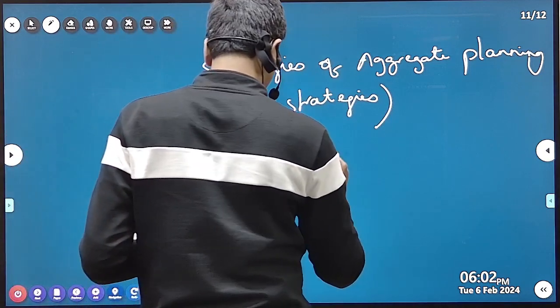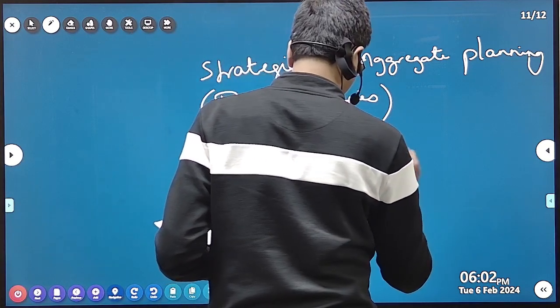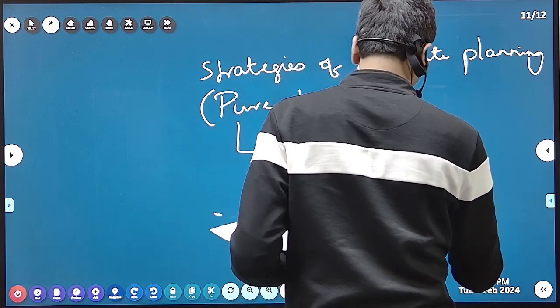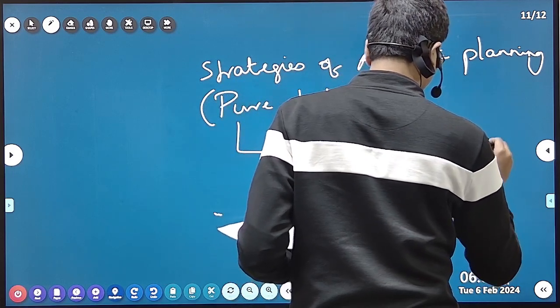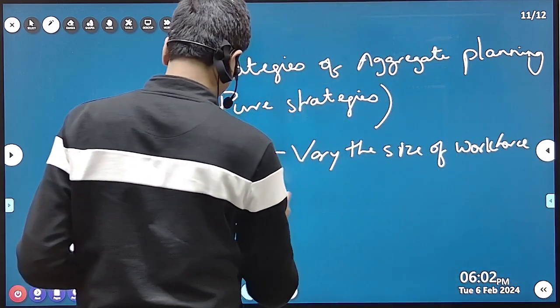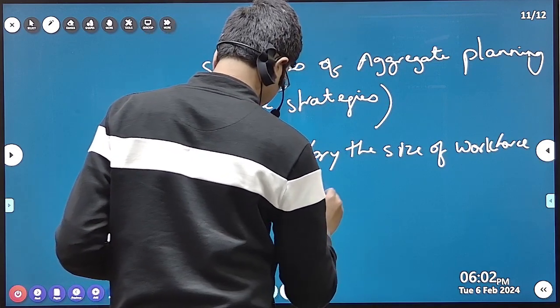First one is vary the size of workforce. Second one is vary the hours worked.